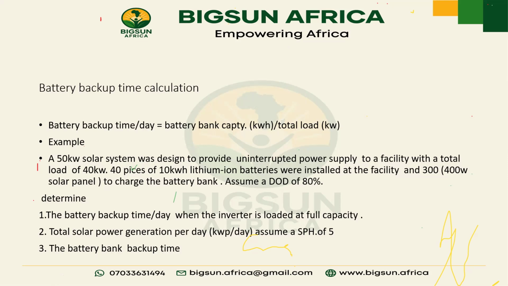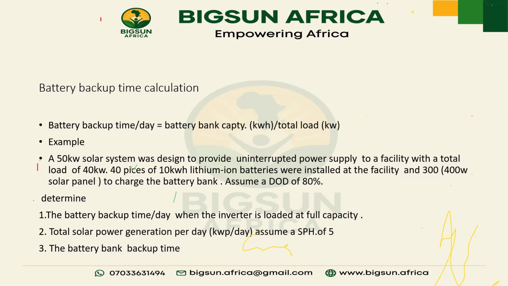It is equal to battery bank capacity in kilowatt hour all over the total load you are consuming. So let's take this example. A 50 kilowatt solar system was designed to provide uninterrupted power supply to a facility with a total load of 40 kilowatts. So the load is 40 kilowatt, 40,000 watt.